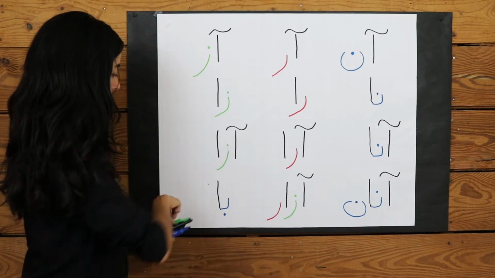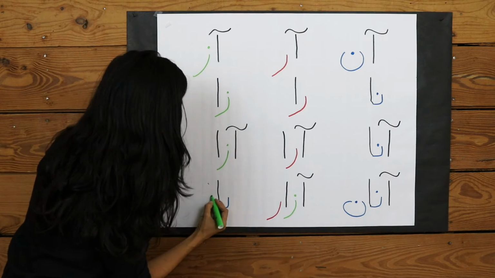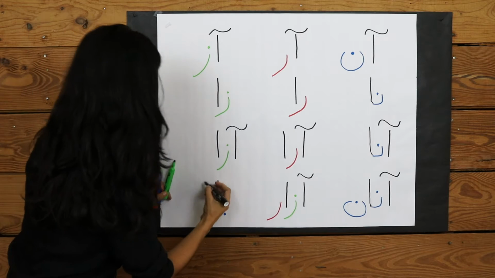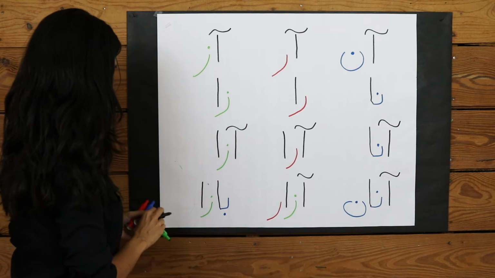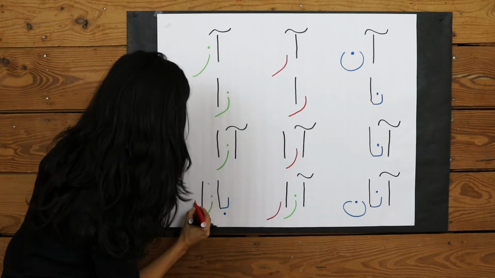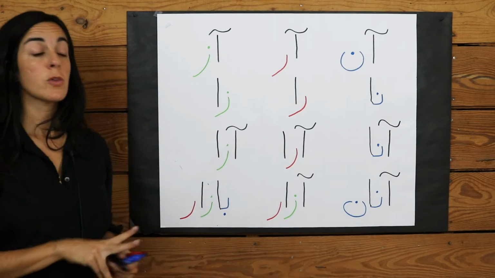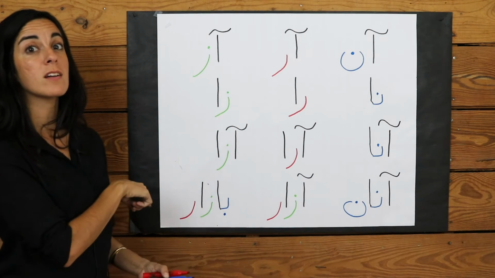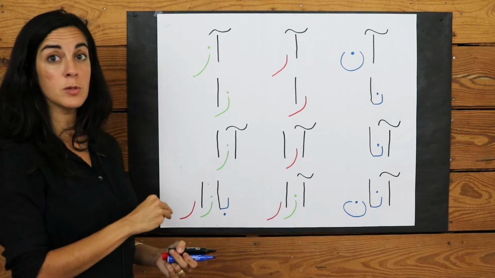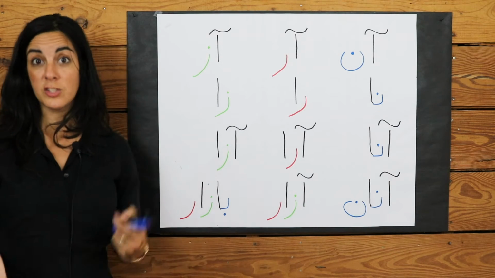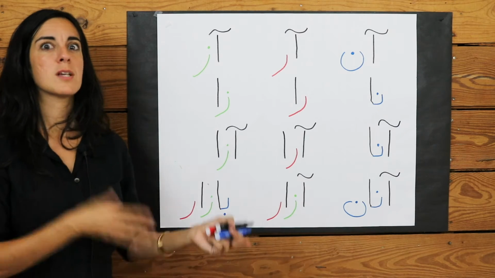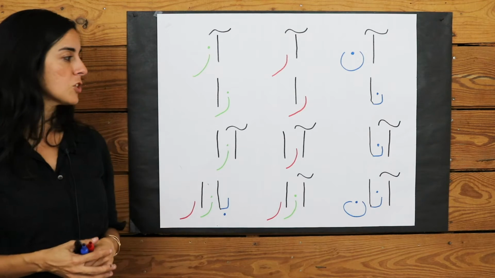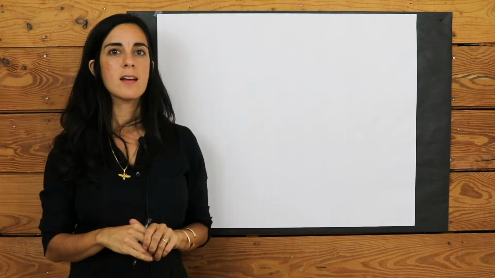A, ze, a, oops, and a re. So this becomes bazar, and that should be a very familiar word to you because it is in the English language as well. Bazar becomes bazaar in English, and it just means a market.